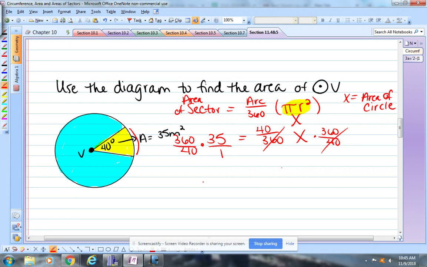I'm going to put that 35 over 1. Wait a second. Doesn't 40 go into 360, right? Cancel the zeros. Isn't 36 divided by 4 equal to 9? So this is 9 times 35. So the area of the circle will be whatever 9 times 35 is. 315 square meters.